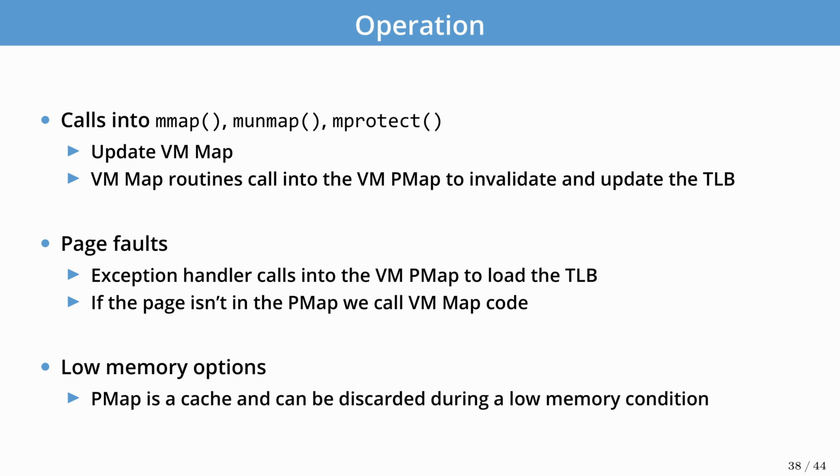When there's low memory, the pmap is really meant to be a cache. If it's using a lot of memory, often this is going to be discarded and can be recreated on demand through the vmap. This means that the vmap is the original source of truth. It describes memory. The pmap is just trying to provide a set of abstractions to remove the detail of the hardware so that the operating system can run on multiple architectures.